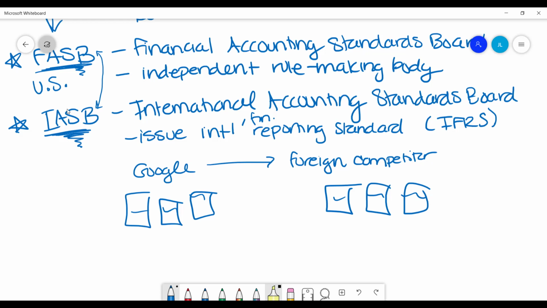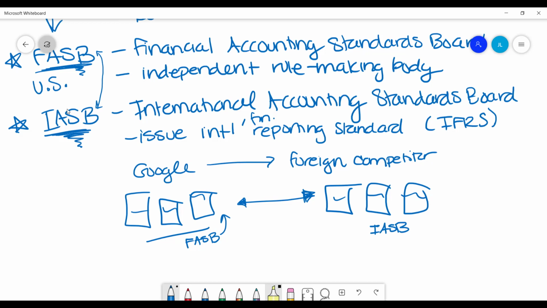But if I know that Google's financial statements are put together in accordance with FASB's rules, but the foreign competitor's financial statements are put together under IASB's rules, I probably should recognize that maybe it's not like comparing apples to apples. It's more like comparing apples to oranges, right? So that is one of the issues that arises when it comes to the existence of these two separate rulemaking bodies.